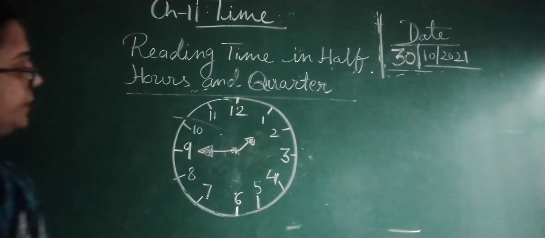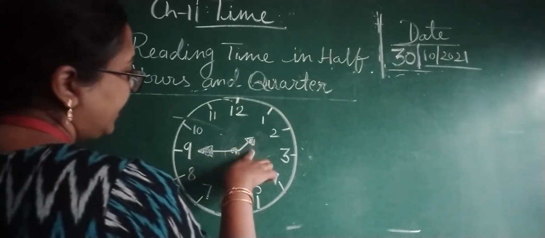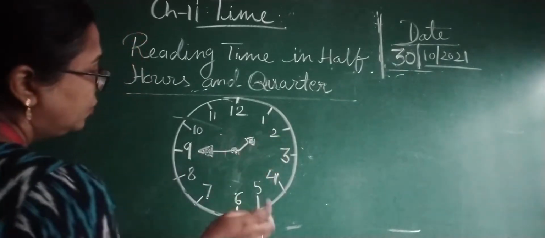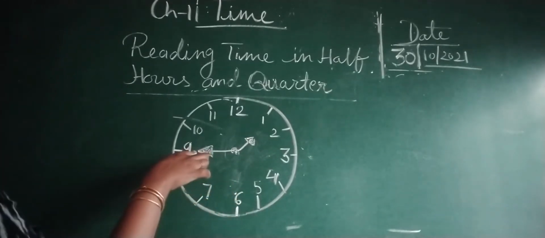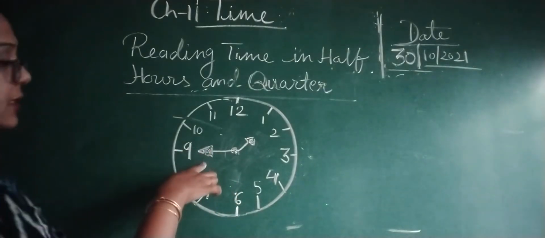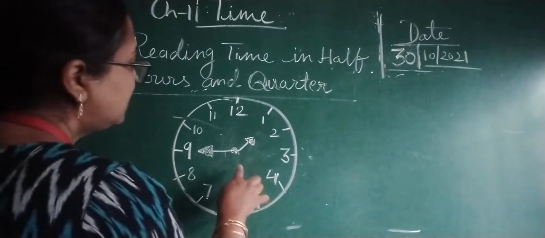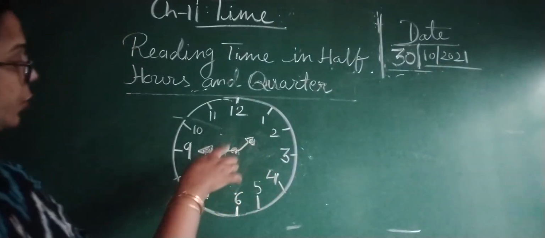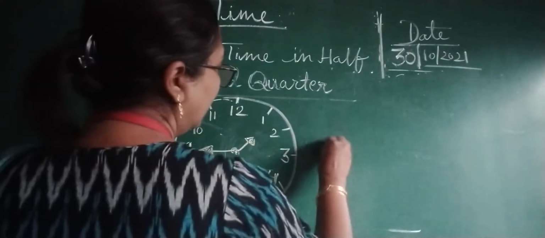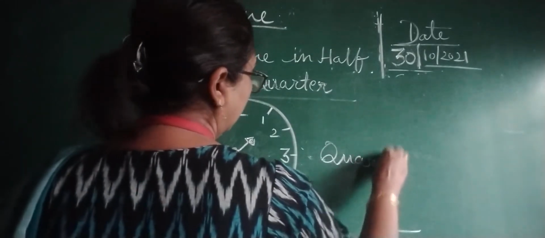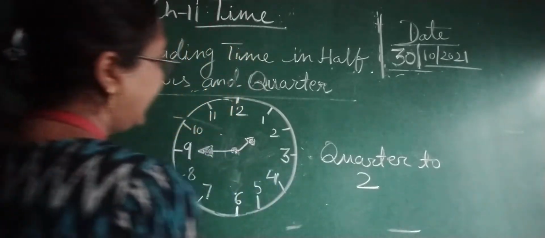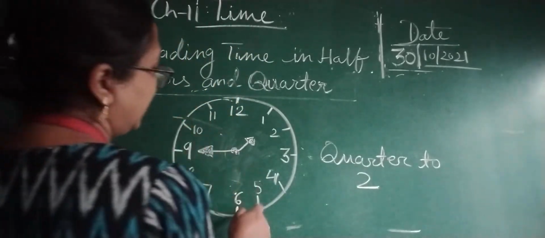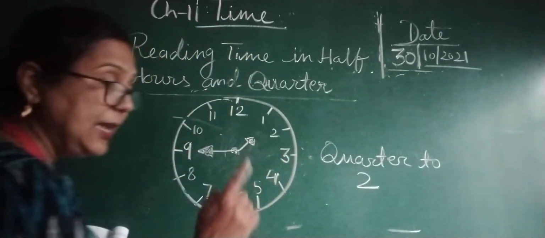So the shorter hand is in between 1 and 2, okay, and the bigger hand is at 9, so it is called quarter to 2. Okay, quarter to 2. Okay, it means 2 बजने में अभी 15 minutes left है.